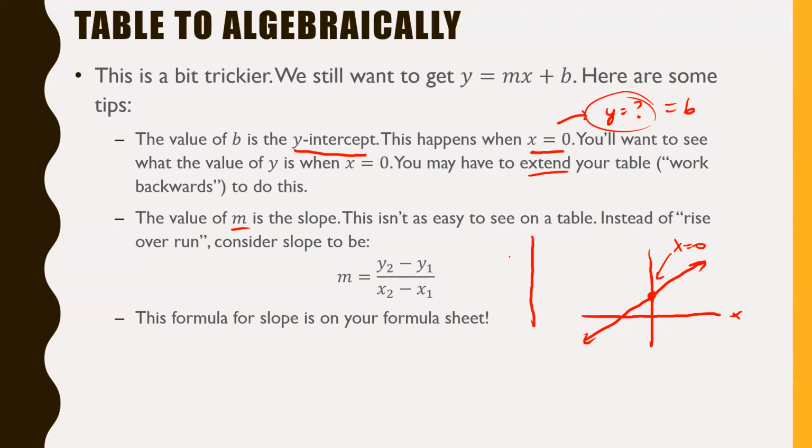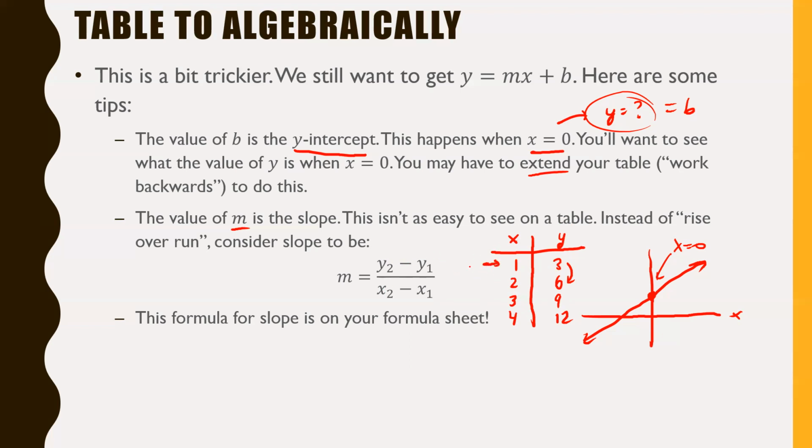Just to be a little bit more clear on what this means, if you had your table x and y, and let's say x was 1, 2, 3, 4, and y was 3, 6, 9, 12. If you wanted to find your slope, this one's pretty clear. You're going up by 3 each time. Boom, there's your slope. But if you really wanted to find your slope on this one, just pick a y2 and a y1 and an x2 and an x1.